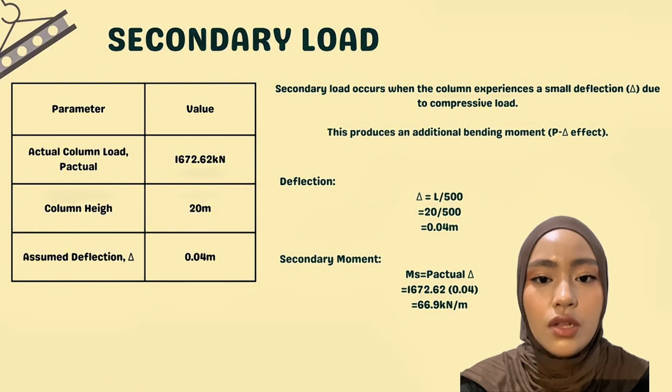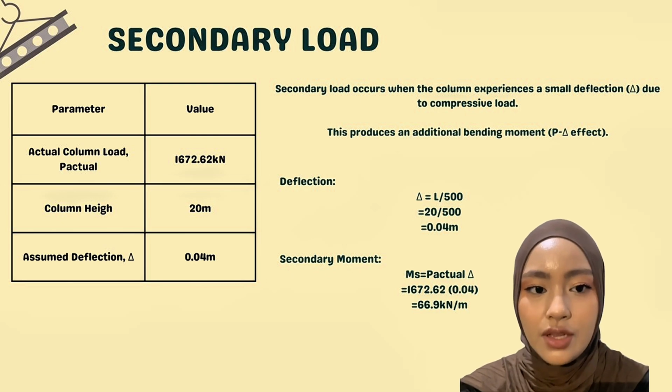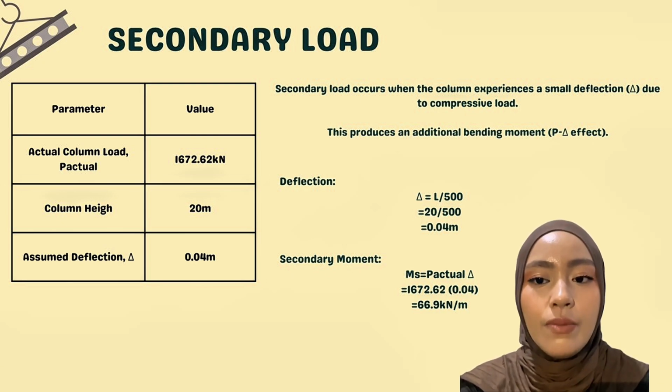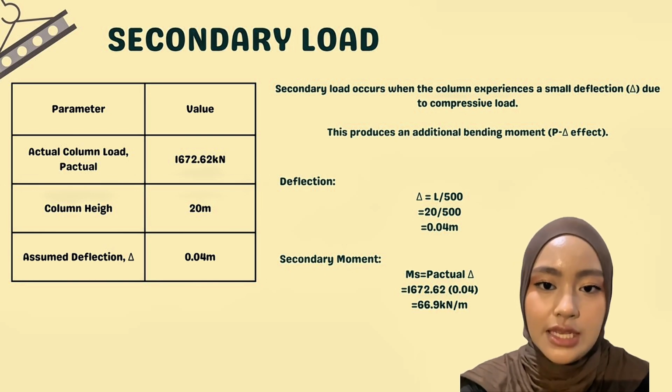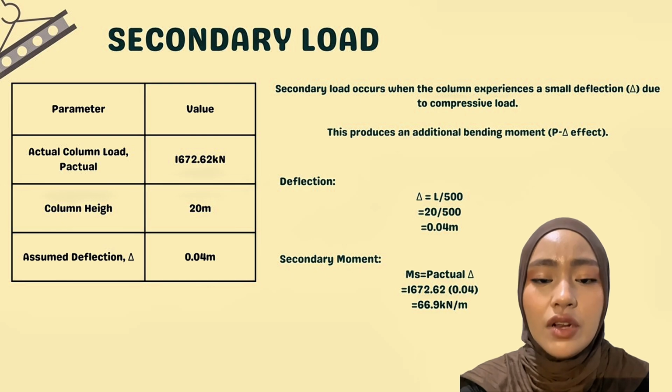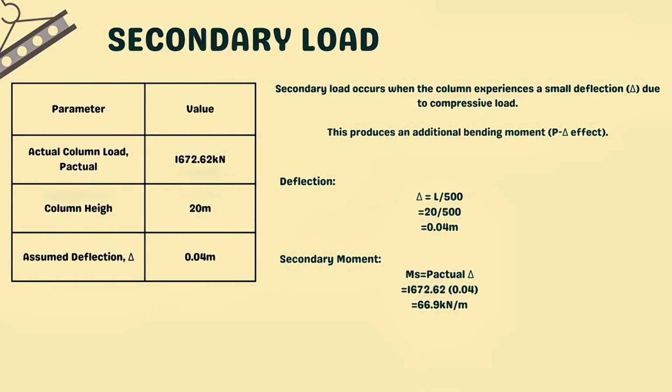Using the actual column load of 1,672.2 kilonewton, the calculated secondary moment is 66.9 kilonewton meter. This indicates that the secondary load effect is relatively small and does not significantly affect the structural performance.